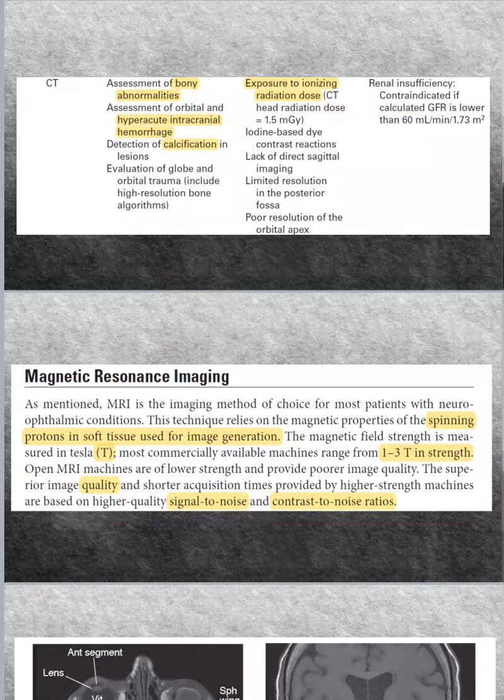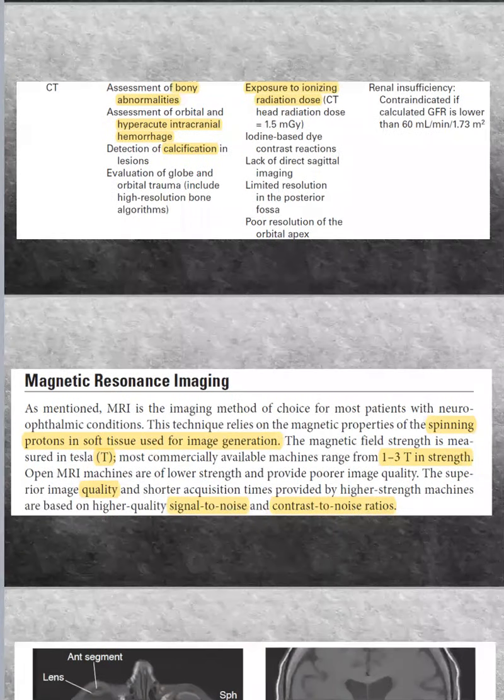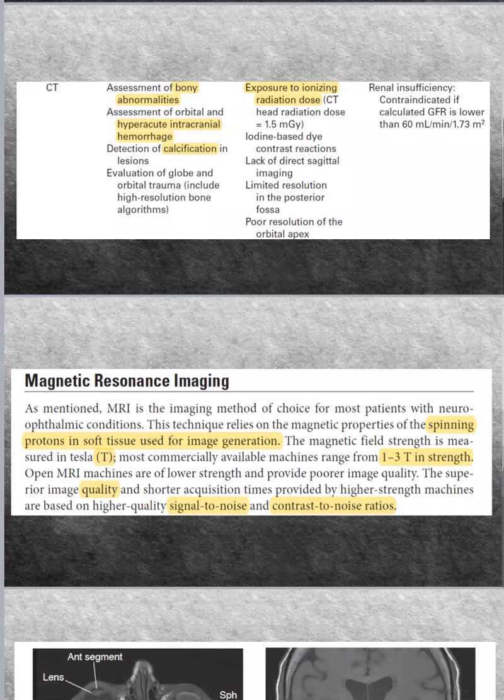Here the main disadvantage is exposure to ionizing radiation, but also I have lack of direct sagittal imaging. This is extremely important. Also, I have poor resolution of the orbital apex.